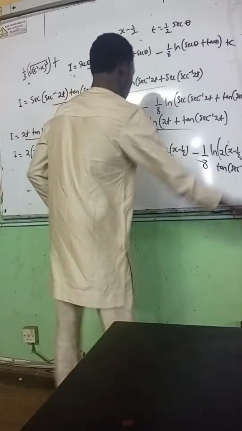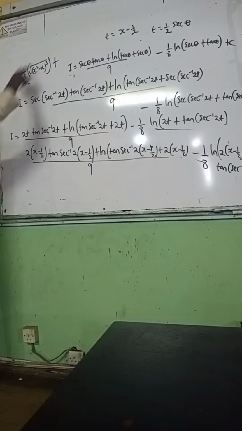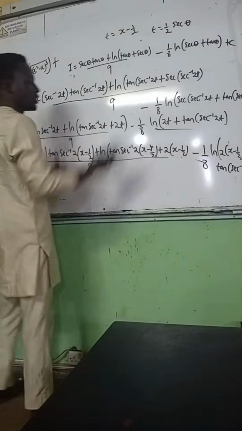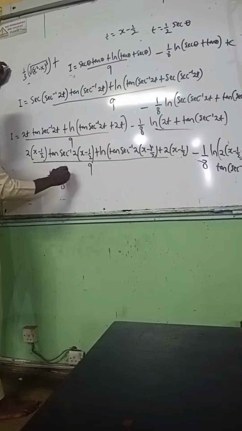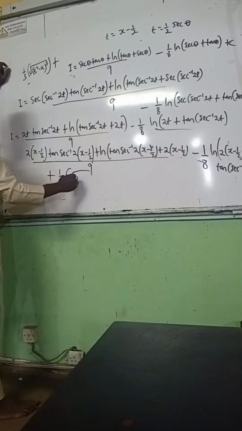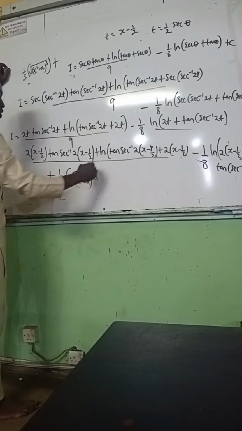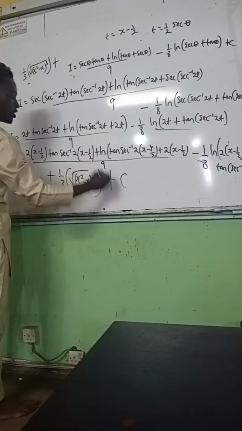All this written here, this is everything, plus this, which should have been added earlier, plus 1 over 3 root x squared minus x, all bracket cubed, everything plus c. That's our final answer.